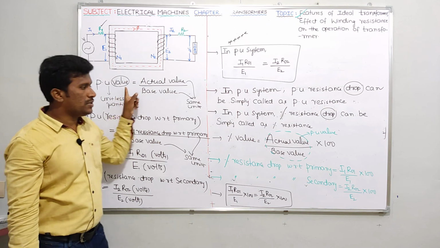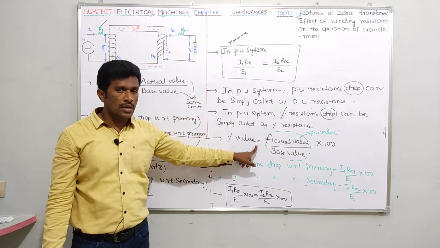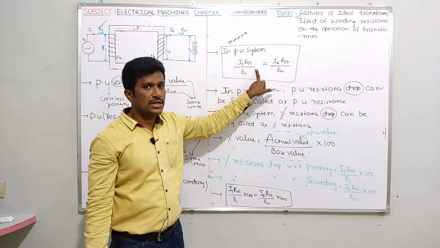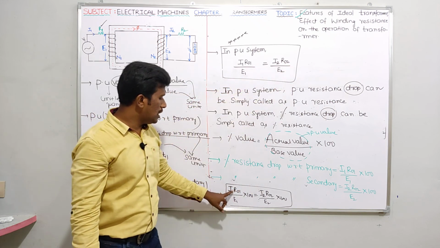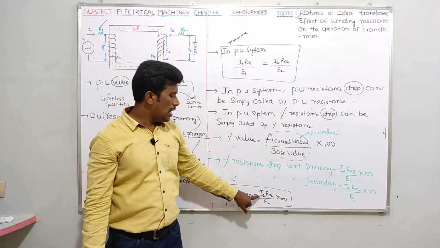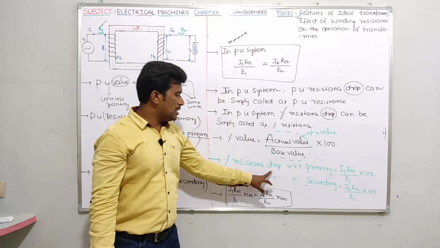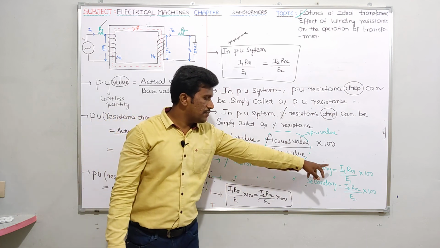And percentage value means what? Per unit value multiplied with 100 gives you the percentage value. Since these two are equal, if I multiply with 100 on the left hand side and right hand side, I1 R01 by E1 into 100 equals I2 R02 by E2 into 100. Percentage resistance drop with respect to primary, this is the formula.